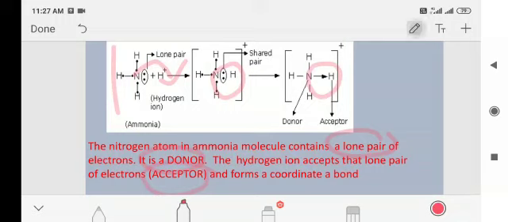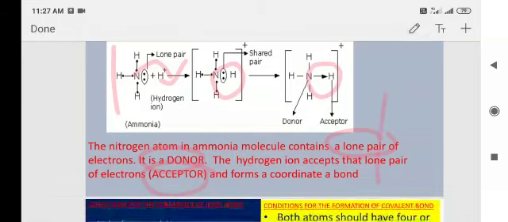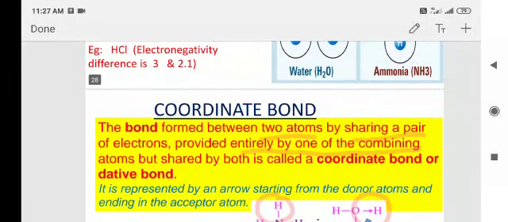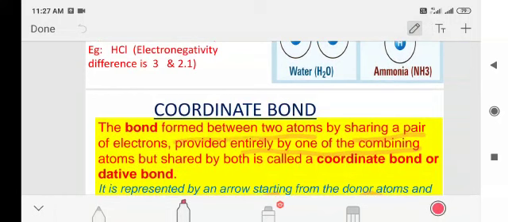Whereas in a coordinate bond, just come back to the definition, the electrons are provided entirely by one of the combining atoms. Electrons are given by one atom and shared by both. Such a bond is called a coordinate bond.